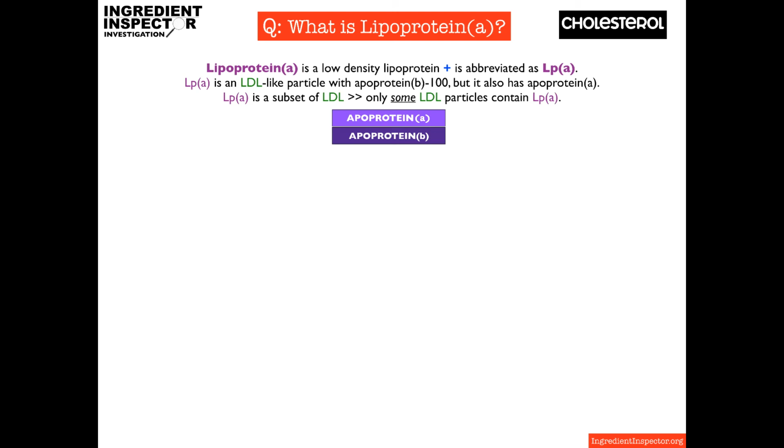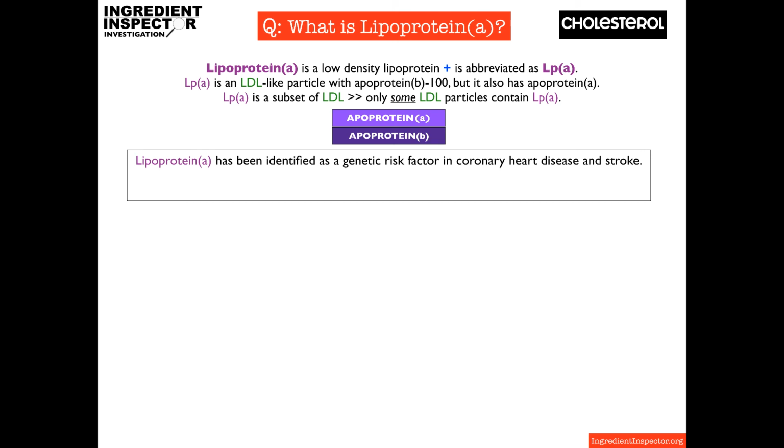Only some LDL particles contain LPA. Lipoprotein A has been identified as a genetic risk factor in coronary heart disease and stroke. Genetic means it's something inherited or given to us by our parents. High LPA can be part of our genetic makeup.